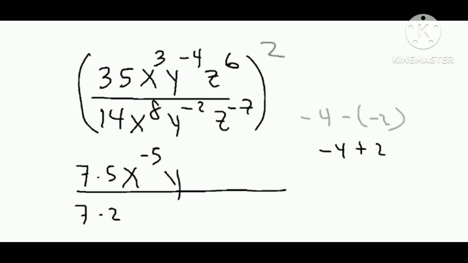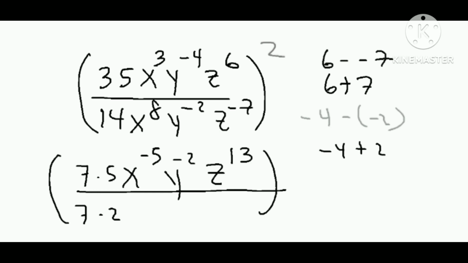So we're going to have y to the negative 2 on top. Initially, after you subtract, you should place it on top. And then for the other one, it's 6 minus negative 7. Since we have two negatives right next to each other, this is the same as 6 plus 7, and so what we have is z to the 13.